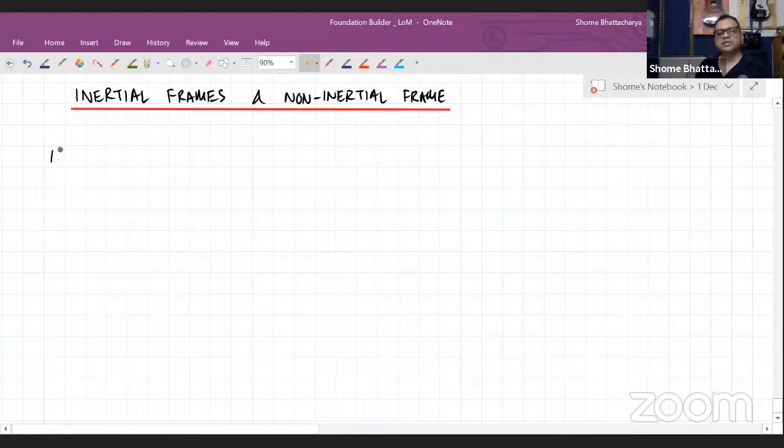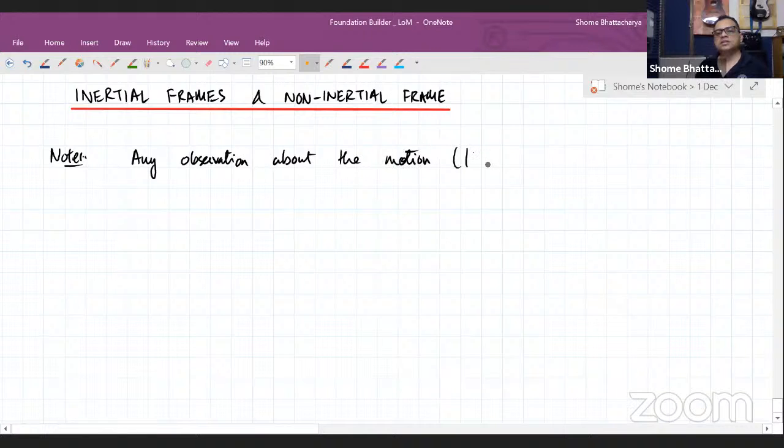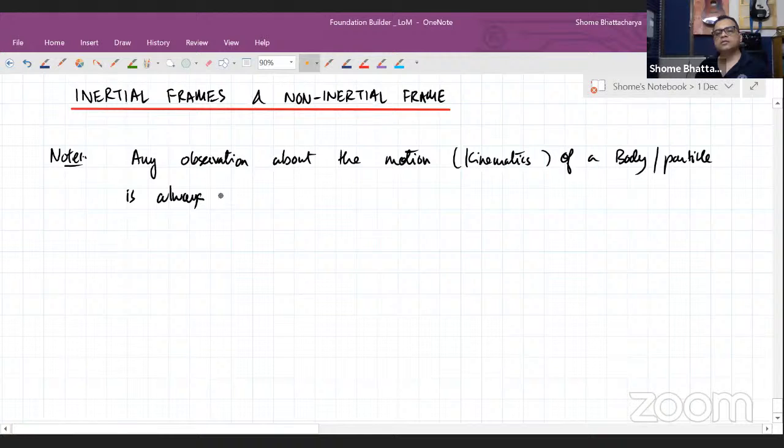So in general, one should understand that any observation about the motion, or basically the kinematics of a body or a particle, is always made with respect to a reference frame.